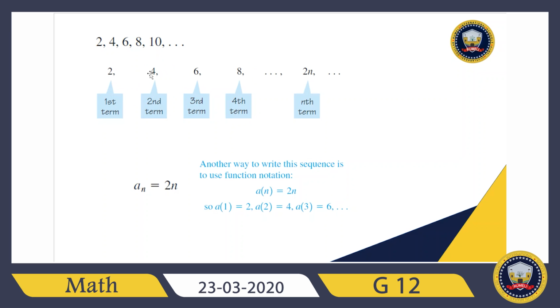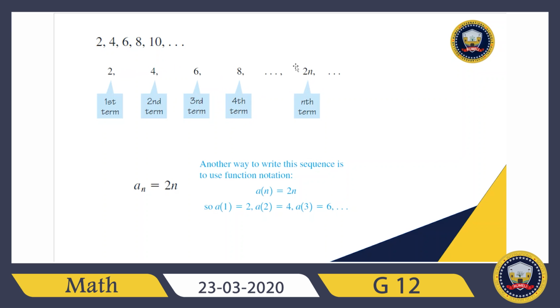For example, this 4 is 2 multiplied by the index of this number, so it's 2 multiplied by 2, while this 6 is 2 multiplied by the index of this number, which in this case is 3. This 8 is 2 multiplied by 4, which is the index of this term.